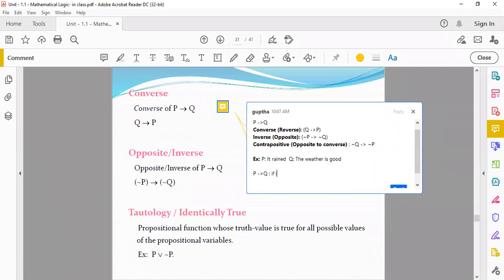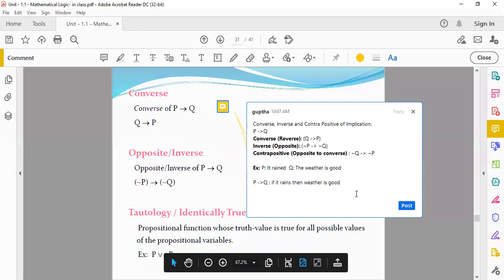Now, everyone please observe. Example P: it rained. Q: the weather is good. P implies Q: if it rains, then the weather is good.